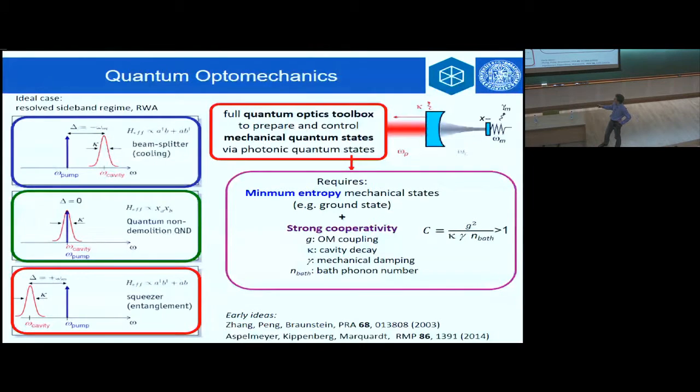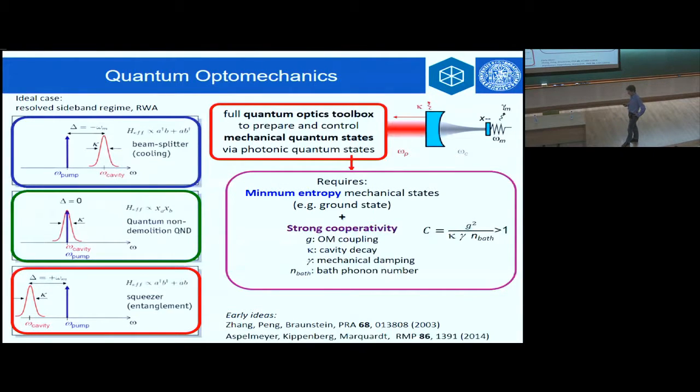One can achieve a two-mode squeezer interaction, which has actually been used in this entanglement experiment. And if one goes on resonance, one essentially has an XX coupling, which gives rise to a quantum nondemolition readout, which is one way to go towards squeezing.